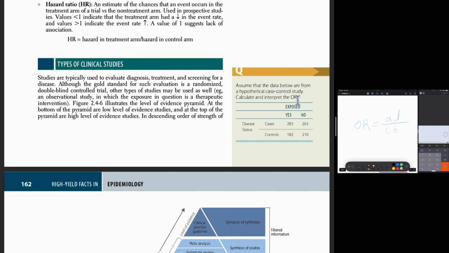We have disease status and exposed. So if we were to draw the box, we will have exposed on this side, plus minus, and this is the diseased. So who has the disease? It's 283 here, and then doesn't have the disease.